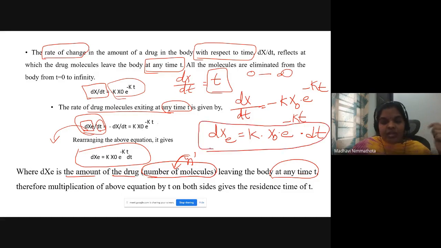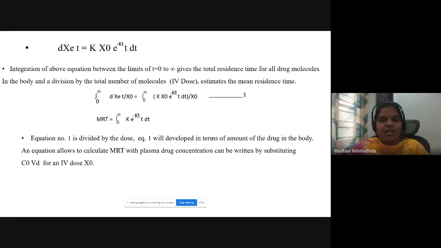The next step is to multiply this equation by t, time, on both sides. It will give the residence time. So multiply that, and you will get dXe into t equals k into X naught into e to the power of minus kt into t into dt.